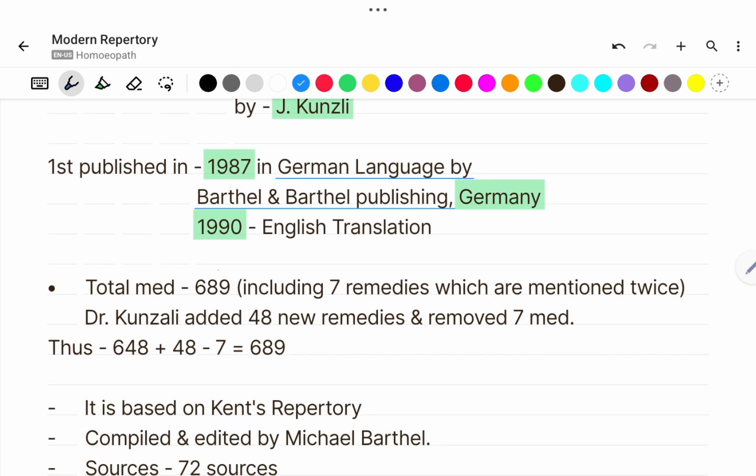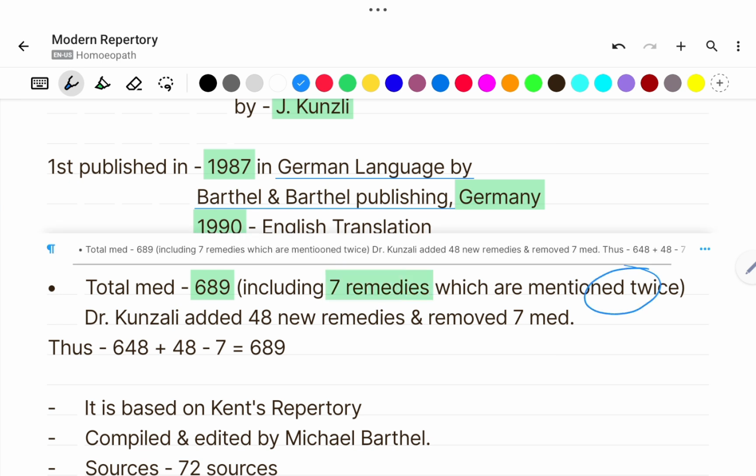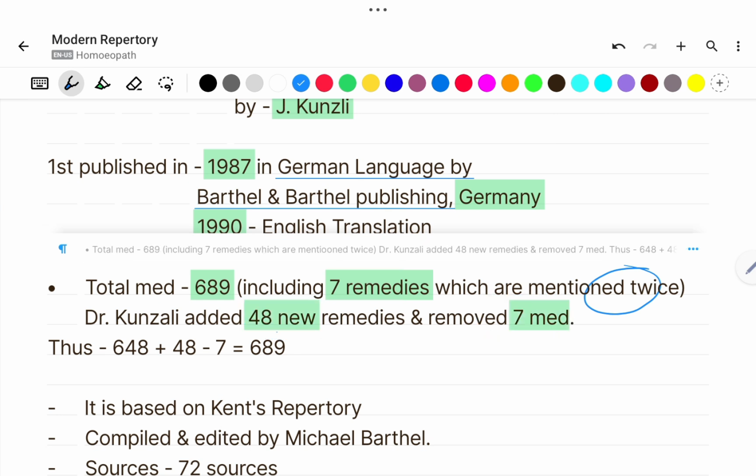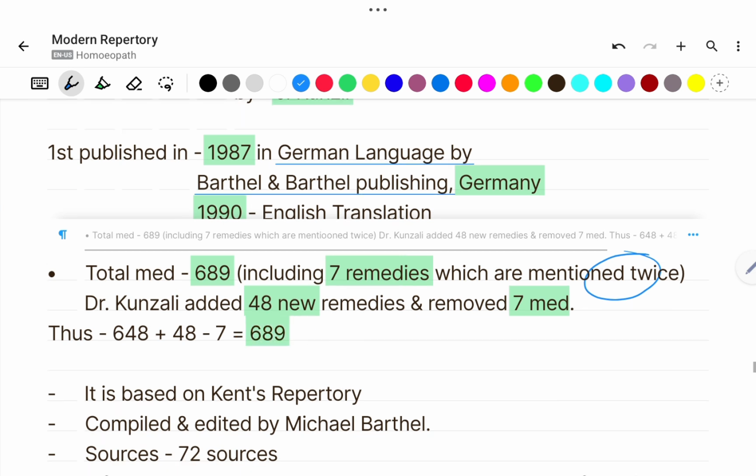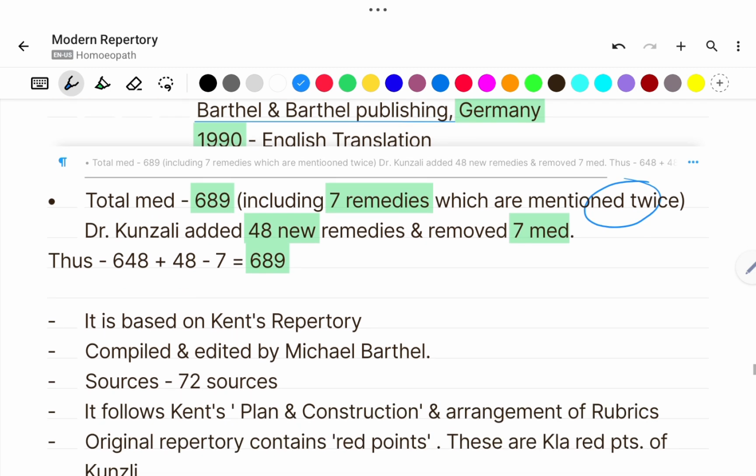Total medicines are 689, and in these 689 medicines, 7 remedies are mentioned twice. Dr. Kunjli added 48 new remedies and removed 7 medicines. So, after addition and subtraction of medicines by Dr. Kunjli, 689 medicines remained. It is based on Kent's repertory.